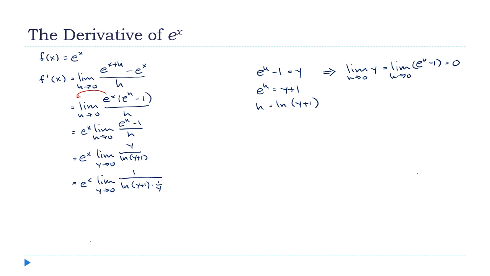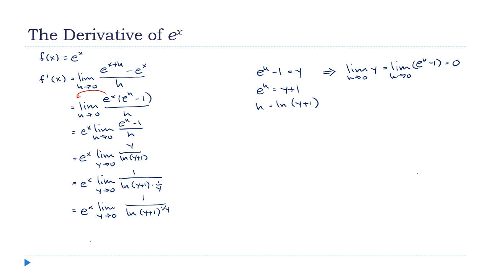Now I'm going to use my logarithm property. I'm going to take that 1 over y and bring it inside as an exponent. So this is e to the x times the limit as y approaches 0 of 1 over the log of y plus 1 to the 1 over y.